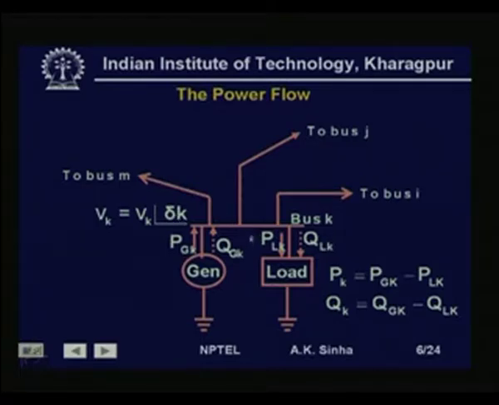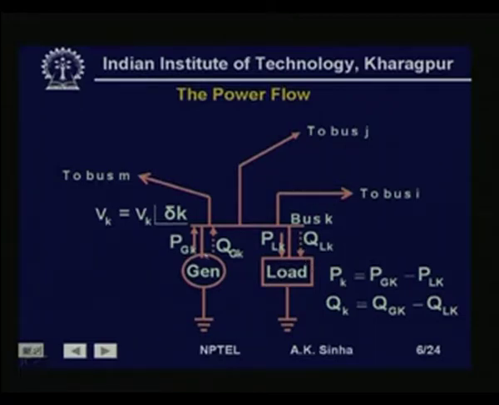One thing we see from here is that this generator is injecting real and reactive power into the bus bar, whereas this load is drawing real and reactive power from it.